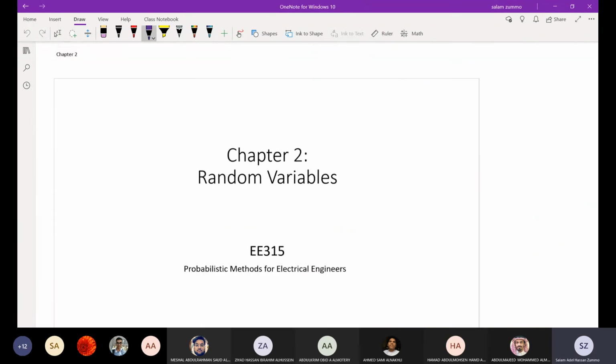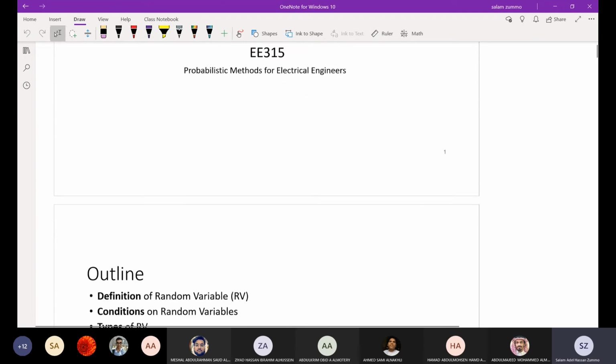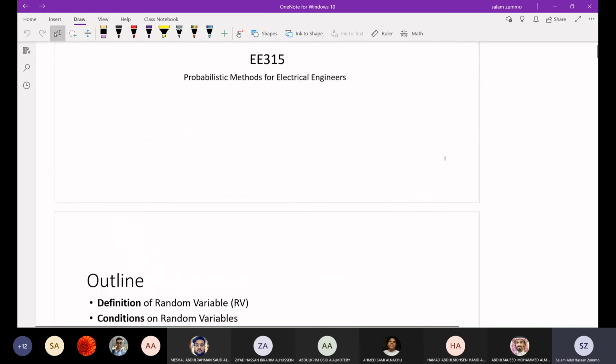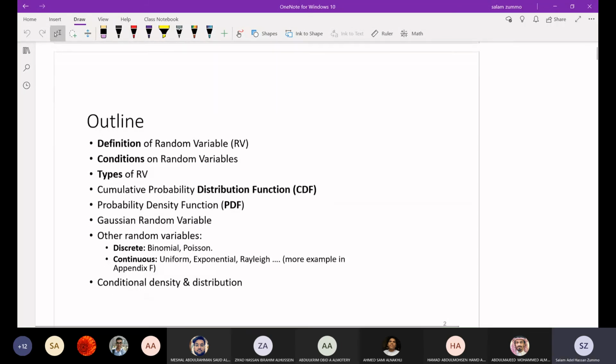Now in chapter 2, of course there's no time to go over anything in chapter 2, but we'll give you only an introduction about it. Chapter 2 is about random variables. So we will define what we mean by a random variable. We'll talk about conditions of random variables and the types of random variables.